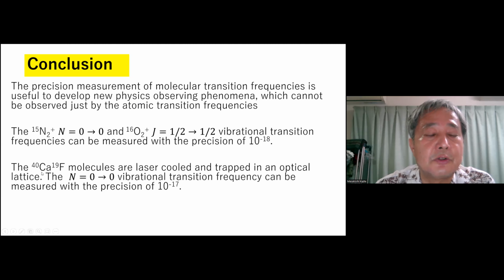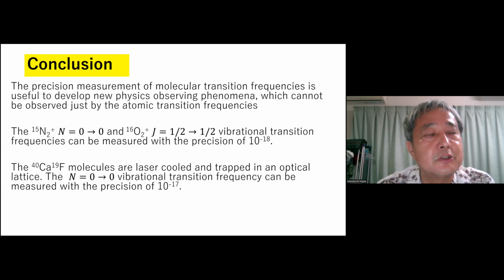And also the calcium fluoride molecules are laser cooled and trapped in the optical lattice, so the N is 0 to 0 vibrational transition frequency can be measured with a precision of 10⁻¹⁷.